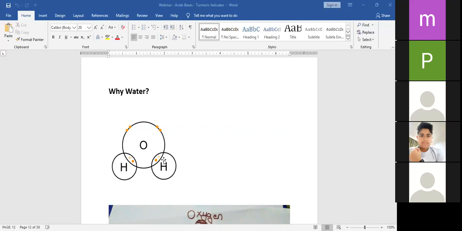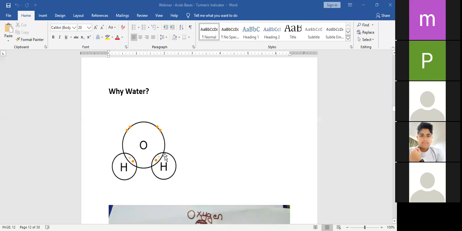Now, more of the rope or the electrons is being pulled towards oxygen. It's not that hydrogen is not going to have the electrons, but it is going to have the lesser side of the rope or the lesser side of the electrons towards it. But more of the rope or the electrons is towards oxygen. And that's why oxygen is negative and hydrogen is positive.